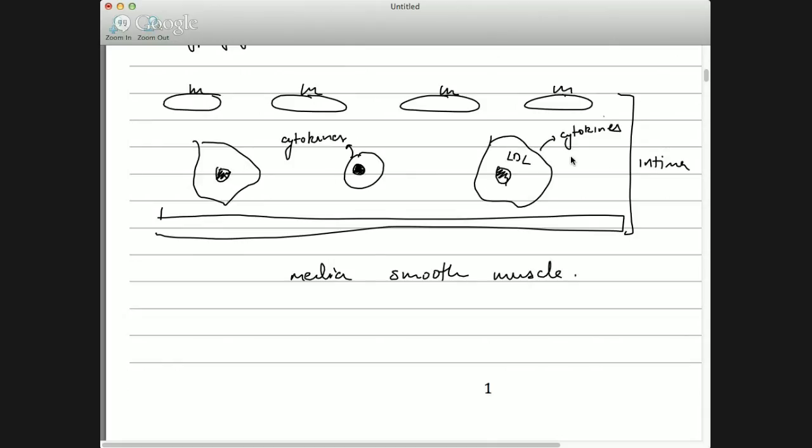So what happens when a macrophage engulfs too much LDL cholesterol? It becomes a foam cell. These macrophages die, become necrotic, and turn into big, ugly-looking foam cells, and these foam cells start to collect.